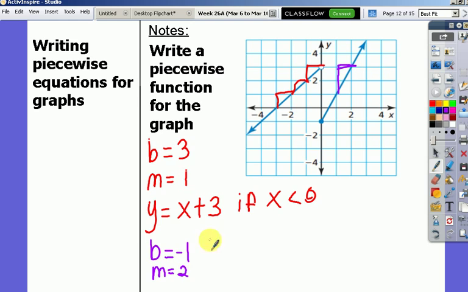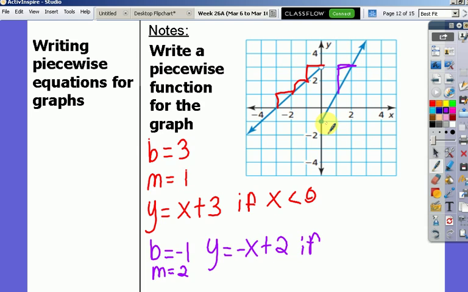So you still write the equation, but now you put the if. If what? What do you think? If x is, what are all your x values here? Greater than 1 or greater than 2. Greater than or equal to 0, because of the first.